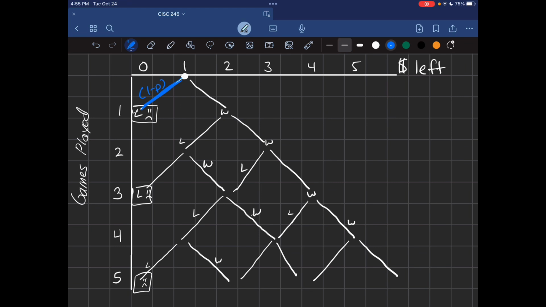All right. Let's see, how do we get to this loss here? Well, we have to go win, and then lose. That takes us here. So we have 1 minus p, and p. So that's a path. So I could say one such way is you lose in one game, or go bankrupt in one game.